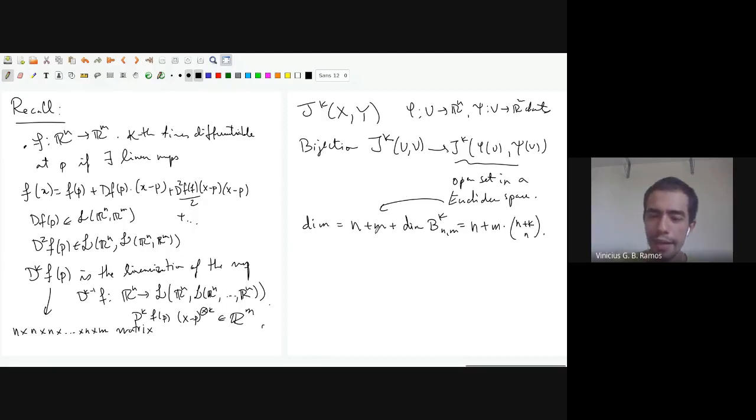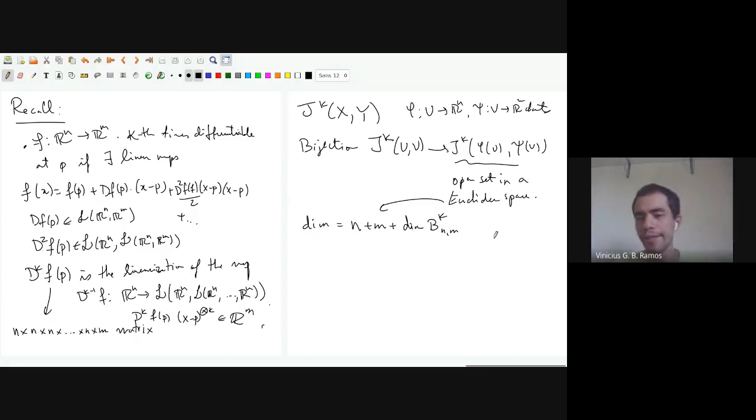Because you can think of this as the space of polynomials of degree less than or equal to k in n variables, and that's the same as homogeneous polynomials of degree k. No, sorry, that's not true. My combinatorics, let me not claim this.